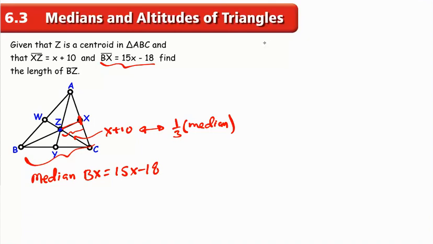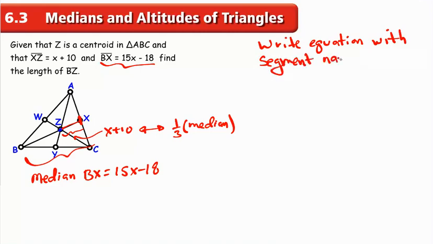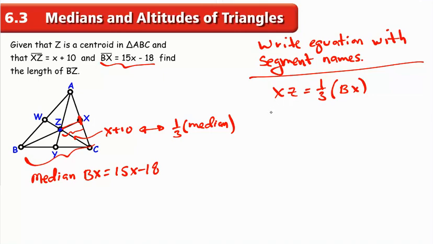So again, I recommend writing your equation with the segment names. So we have that XZ is equal to 1/3 BX, and then we can substitute in our algebra.